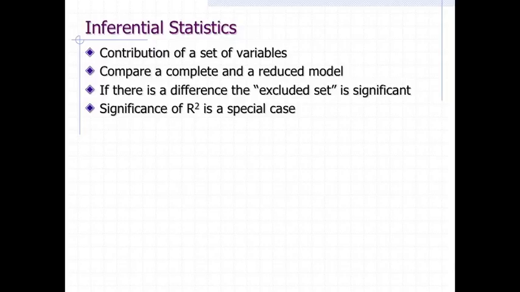One, an analysis in which all the predictor variables are included, and two, an analysis in which the variables in the set of variables being tested are excluded. The former regression model is called the complete model, and the latter is called the reduced model. The basic idea is that if the reduced model explains much less than the complete model, then the set of variables excluded from the reduced model are important.